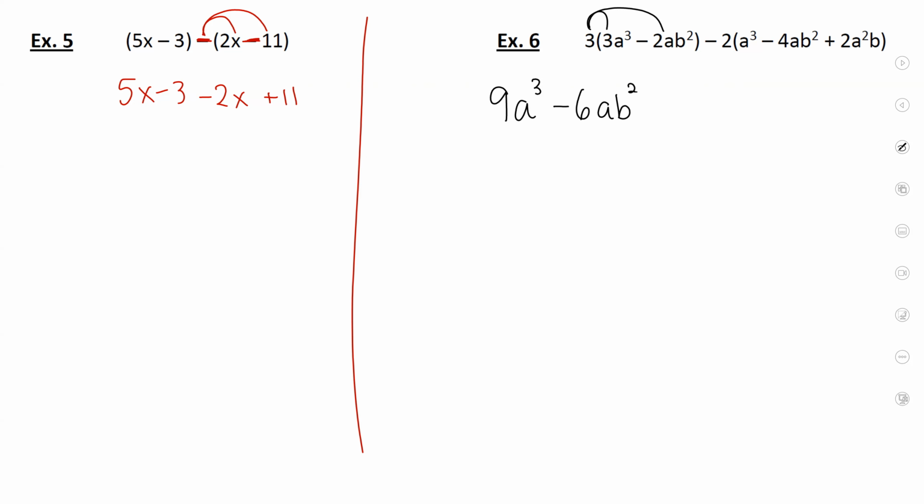Don't overthink it. Now we're going to distribute this -2, not just the 2, but the negative as well. So -2 times this first term is -2, and then just keep the a cubed. Now we're going to do -2 times -4.